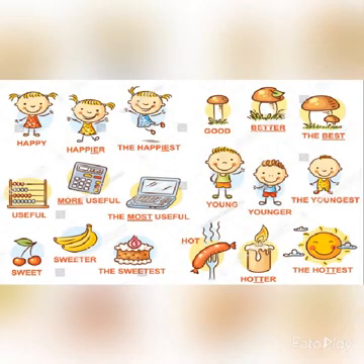Now look at your screen. You can see some examples of positive, comparative and superlative degree. Let's read it. Happy, happier, happiest. Good, better, best. Useful, more useful, most useful.